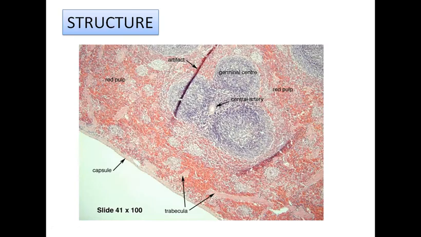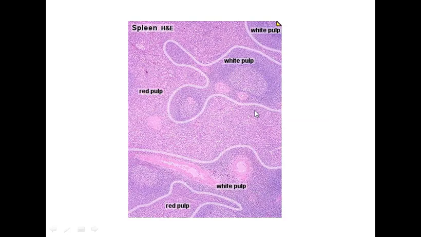So this is how we can see the structure of spleen. This is the red pulp. The red color is due to the presence of blood cells, and this is the white pulp. The darker coloration is due to the presence of lymphoid tissue. We can see the lymphoid nodules over here, right. This is the H&E stained picture.